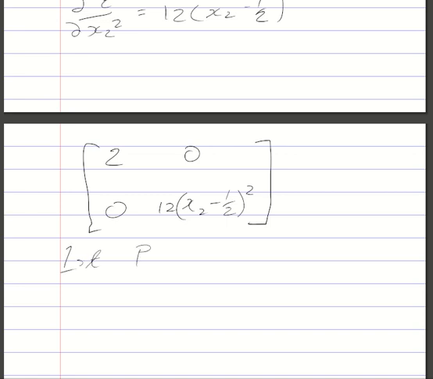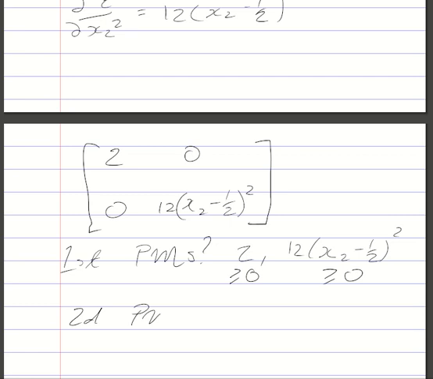Now, what are our first principal minors? Well, they're just 2 and 12 times (x2 minus 1/2) squared. Obviously, the first one is larger than or equal to 0, and the second one is just 12 times some number squared, no matter what x2 is, and that will always be greater than or equal to 0.